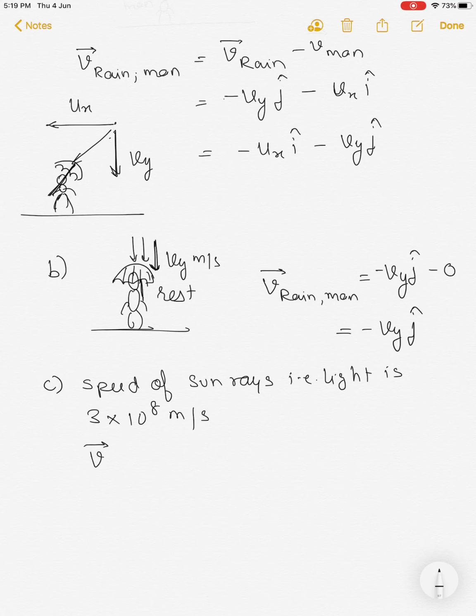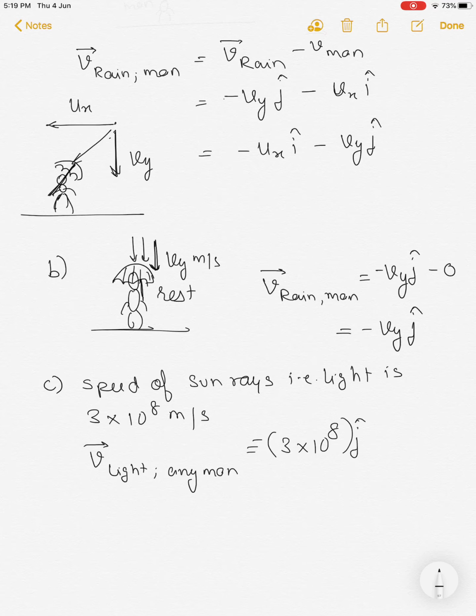So the velocity of light observed by any man on the ground will be equal to 3 into 10 to the power 8 in negative j cap direction minus velocity of man, but in front of 3 into 10 to the power 8, the velocity of the man is negligible.